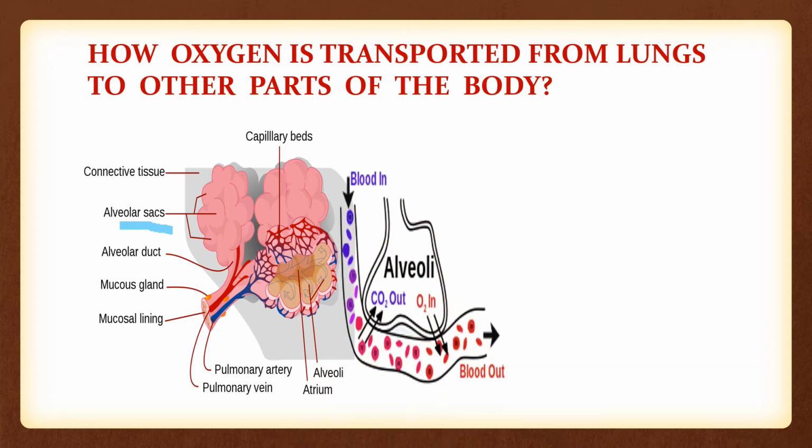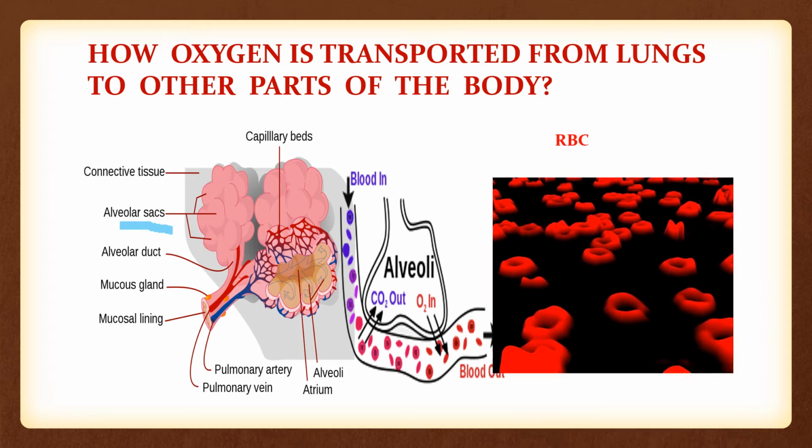The blood, while passing through the lungs, picks up oxygen with the help of a red pigment called hemoglobin. RBC contains hemoglobin.